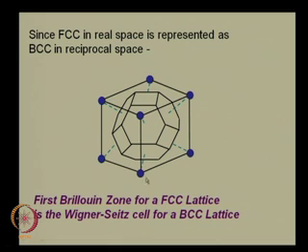This occurs because of this inversion. You are talking of a face centered cubic lattice in real space, and since it is represented as a body centered cubic lattice in reciprocal space, the Wigner-Seitz cell of the body centered cubic lattice is defined as the first Brillouin zone for a face centered cubic lattice material.